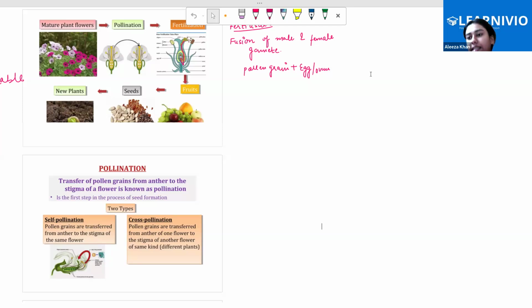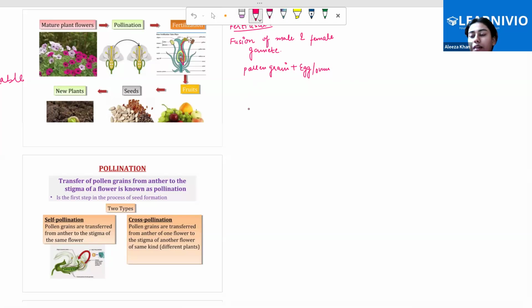What is stigma and style? Stigma is the topmost sticky part, and the style is an elongated tube. What's the significance of the stickiness on the stigma? It helps the pollen grains stick on the stigma.